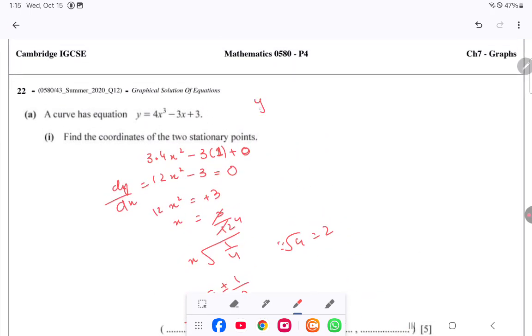For positive half, y is equal to half cubed minus 3 over half plus 3, and again for negative half.